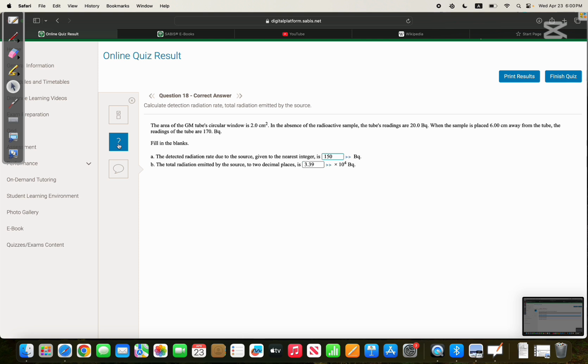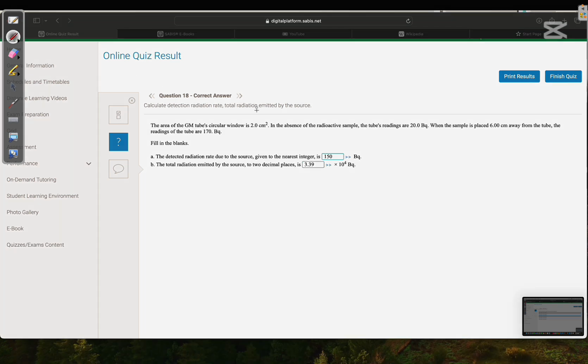Okay, look. So to find the detected radiation rate only due to the source, we do the readings minus the background, the tube's readings without the radioactive sample.